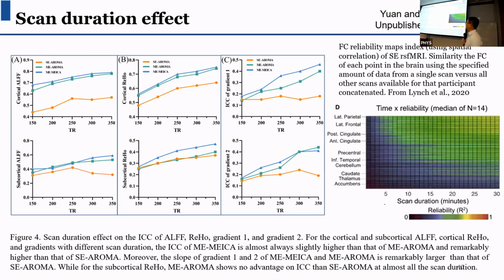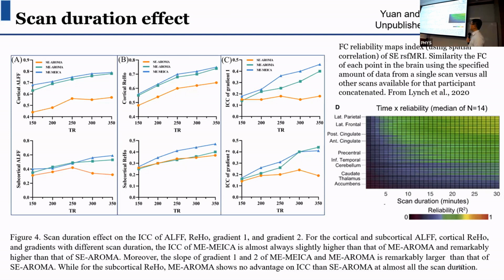This is not the first time we observed this result. It's actually in Lynch's 2020 paper. They also did a reliability analysis, but their reliability is different from our case. We care about the intersubject variance, but they are just trying to get a stable functional connectivity. But I think the final message is quite the same.